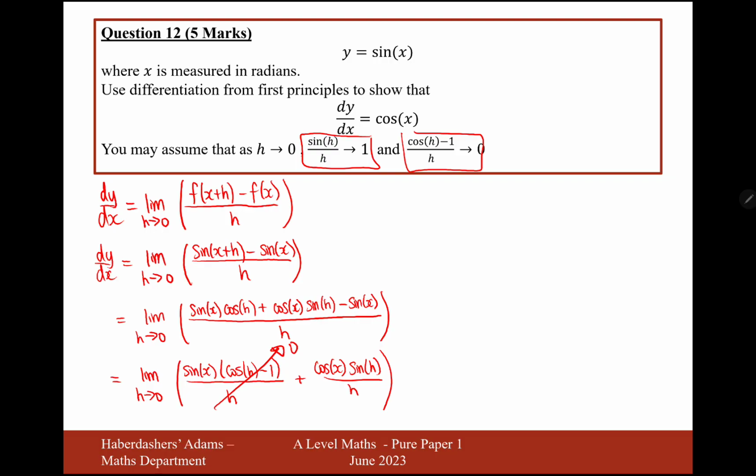So sine x will be multiplied by 0, and cos x will be multiplied by sine h over h, which tends towards 1, so it's going to be cos x times 1, which is now equal to cos x.